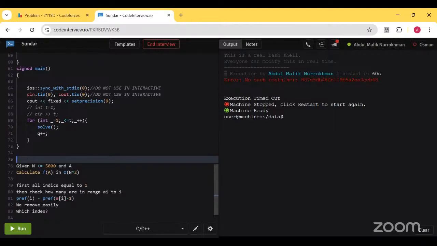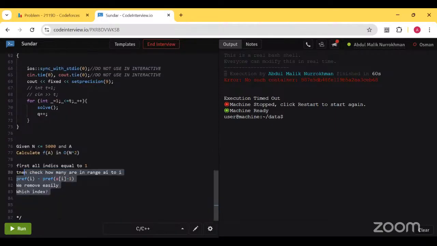We will remove a_i or i. Which one? I think we cannot remove this easily because we don't know which token we want to remove. Okay, so this is not a good idea.